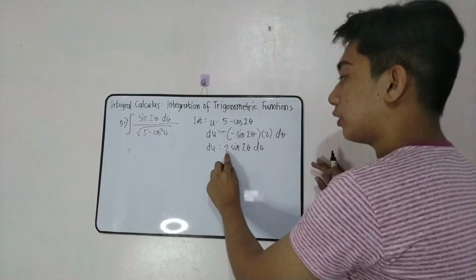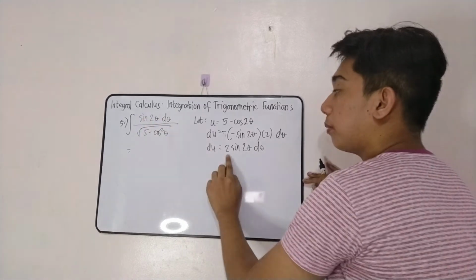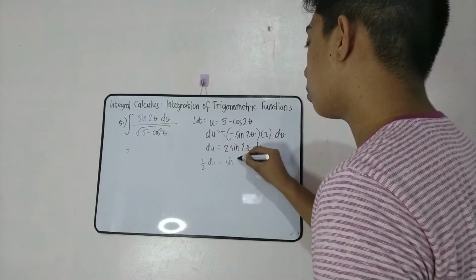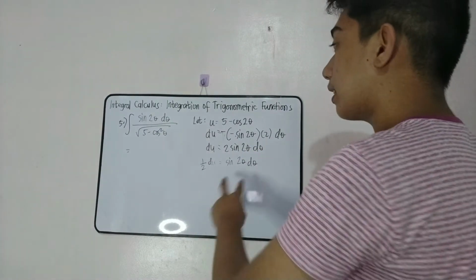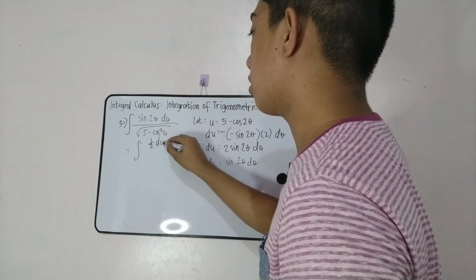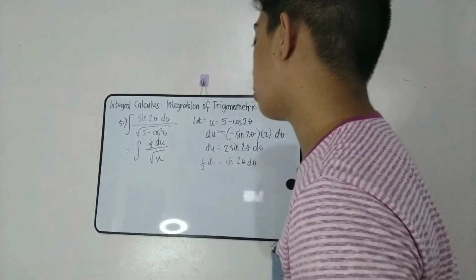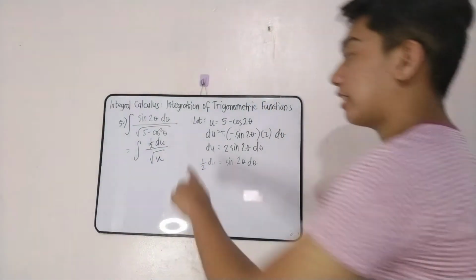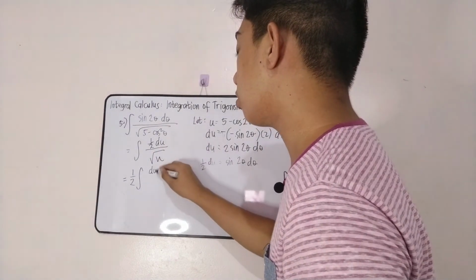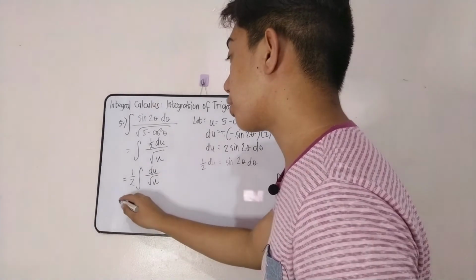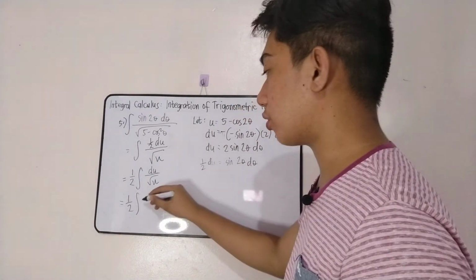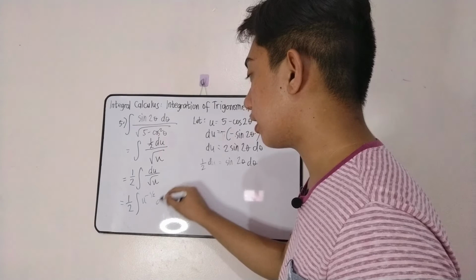Since we don't have a 2 here, we will just divide both sides by 2. So, 1/2 du is equal to sine 2 theta d theta. Then, we plug in. So, this is 1/2 du over the square root of u. Then, we take out the 1/2: 1/2 times the integral of du over the square root of u. Then, transform this into a rational exponent, if possible. So, this becomes u raised to negative 1/2 du.